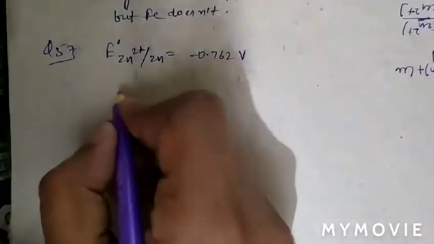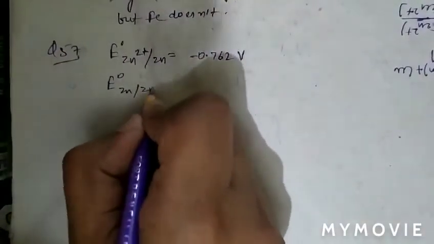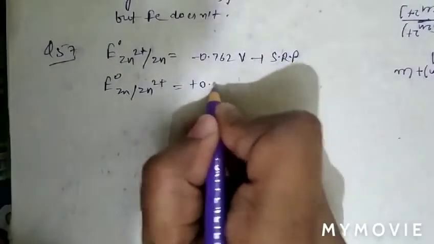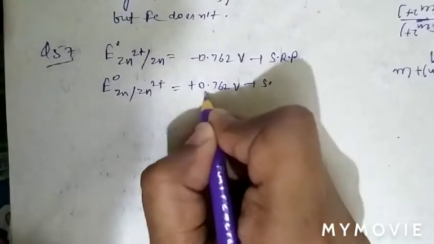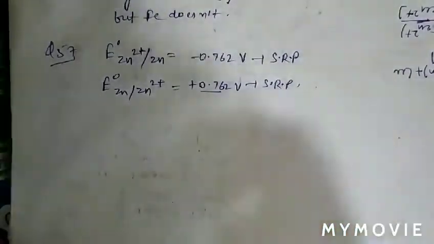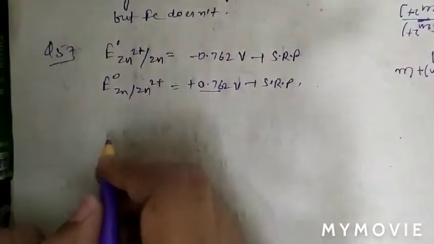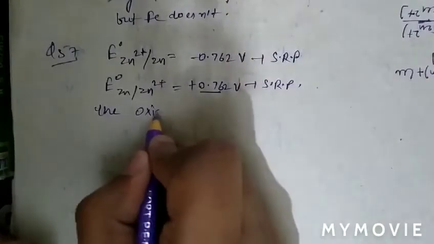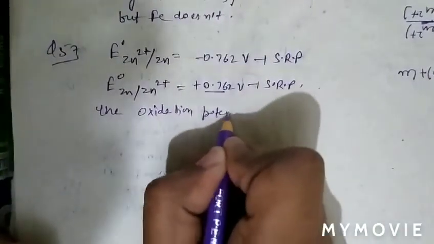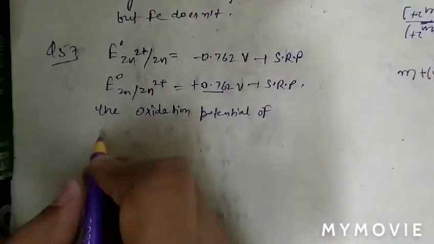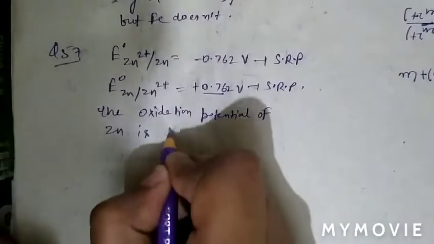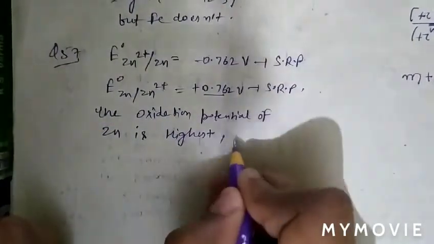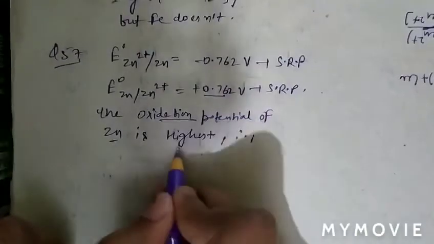As we know, this is the standard reduction potential for Zn2+ changing into Zn, so the standard oxidation potential will be plus 0.762. It means the oxidation potential of zinc is highest among all.